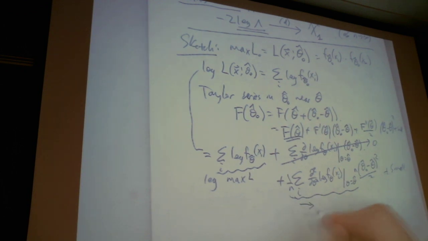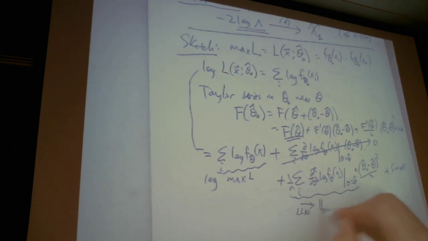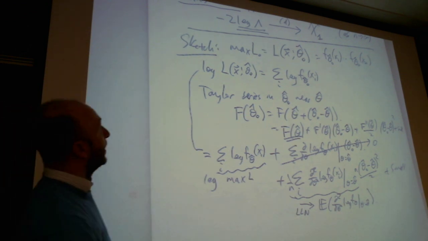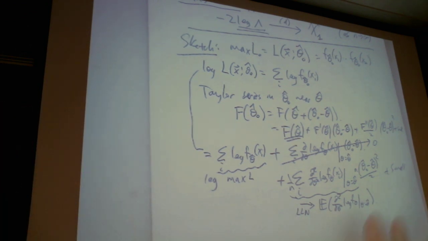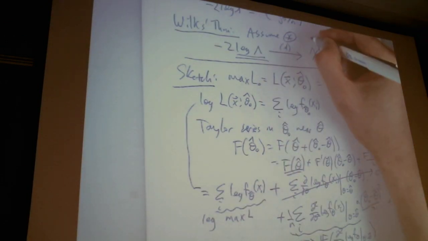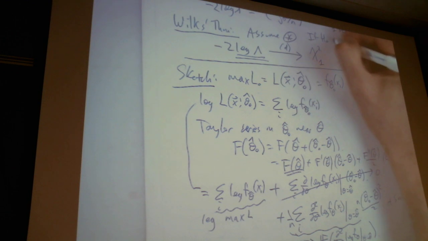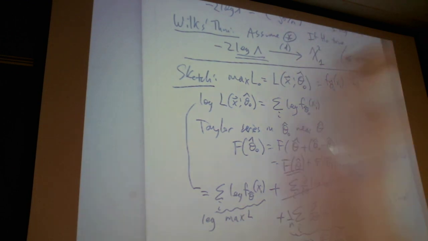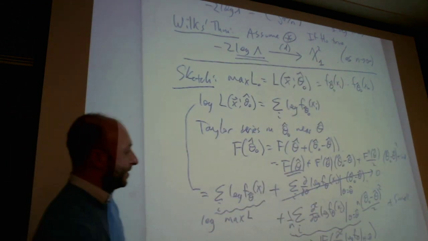This will converge, just using the law of large numbers, to the expected value of this second derivative of log f theta, at theta equal to theta hat. And by the way, I hope I said here, assume theta 0 is true, and H0 is a singleton, then this convergence happens.